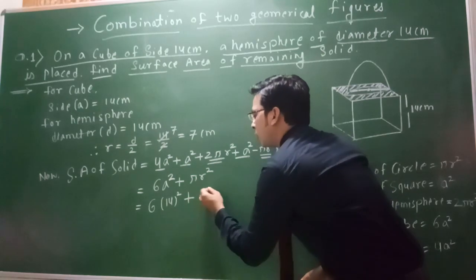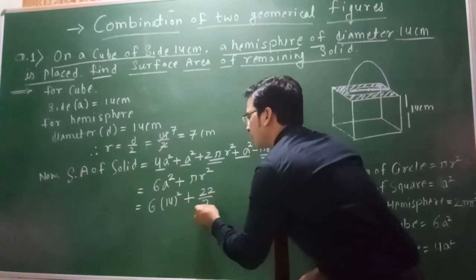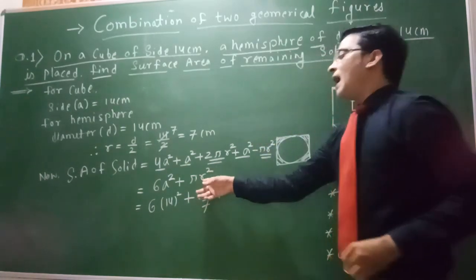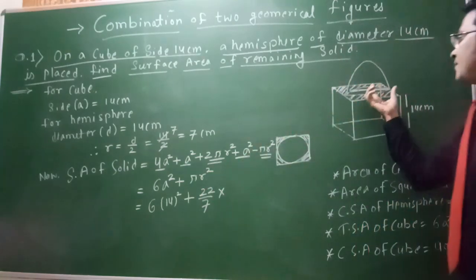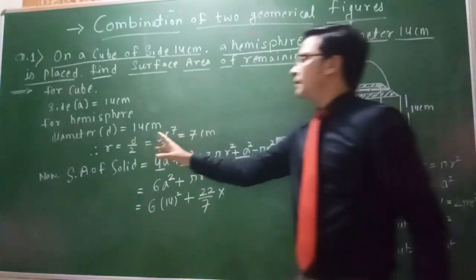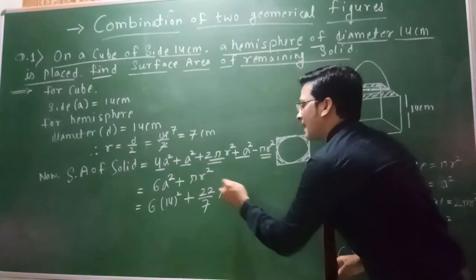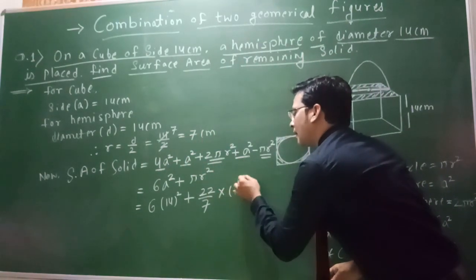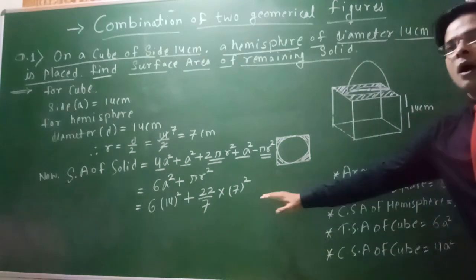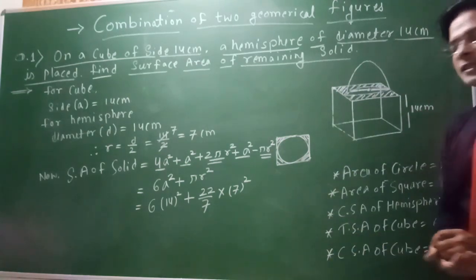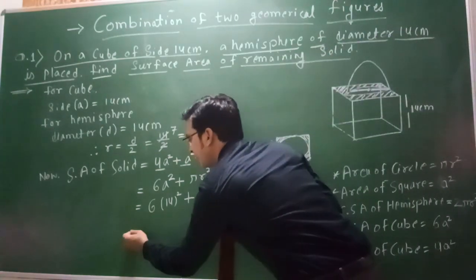The value of pi is 22 by 7, into r square. The radius of this hemisphere is 7, so we write 7 square. Is that clear? In the next step we have to simplify it. So let us see how to simplify.